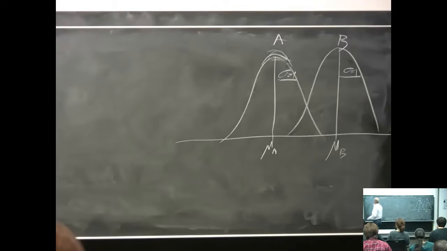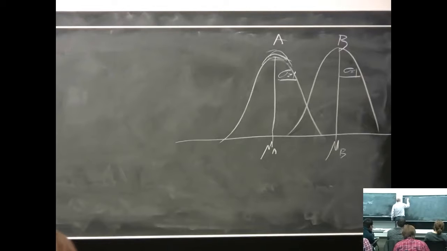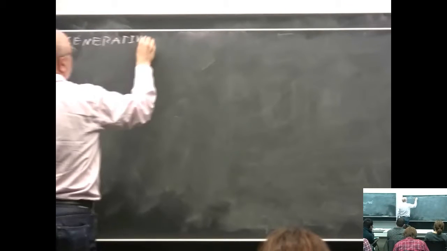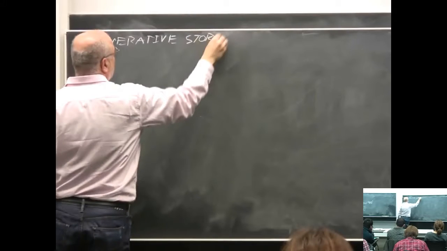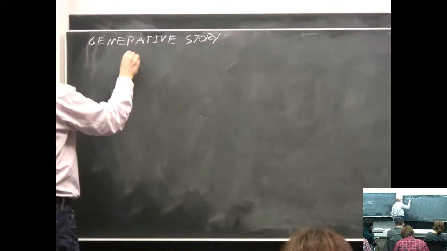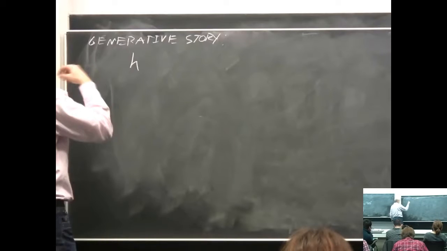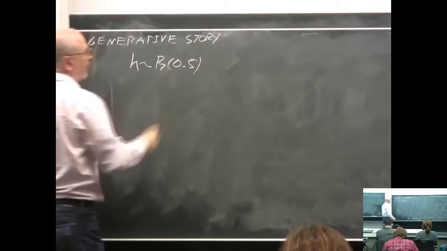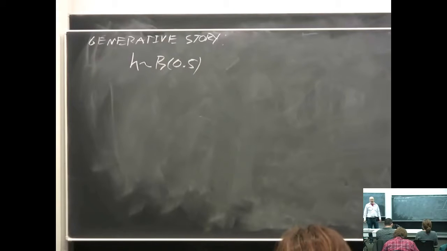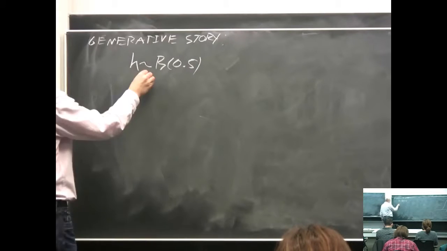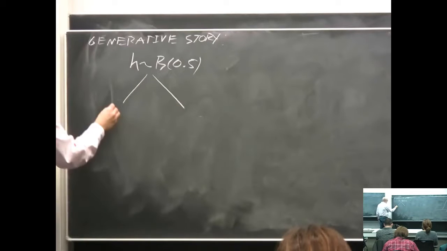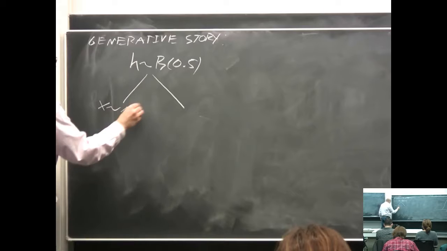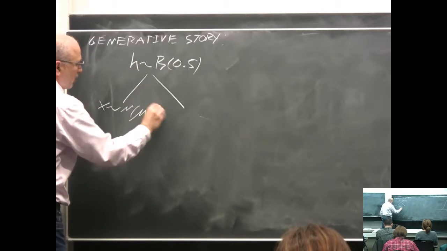So my generative story is, let's say something I called H comes from a Bernoulli with probability 0.5. So it's flipping a fair coin. And if H goes one way, I draw X from the normal with mean A and standard deviation 1.